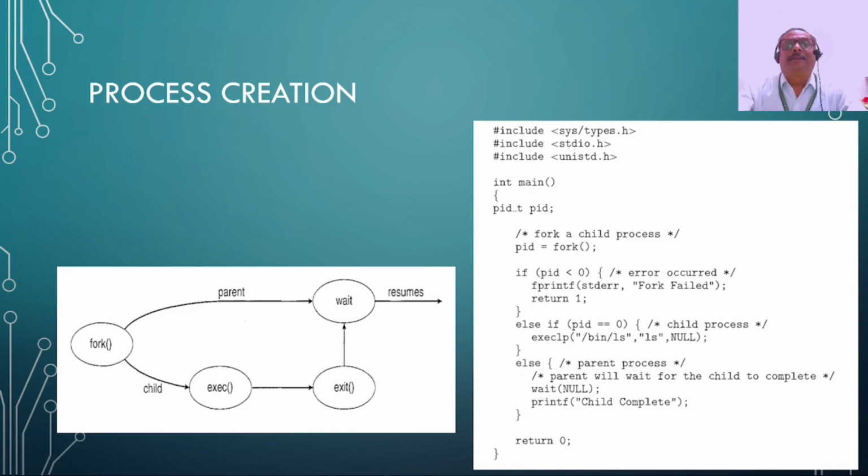Now it's not necessary for the child to know the process ID of the parent, but the parent has to know the process ID of the child it has created, because it has to wait till that child completes its action. So it should keep tracking whether that given child has stopped working or not. For that, the parent should know the ID of the child. The child need not know the ID of the parent who created it.